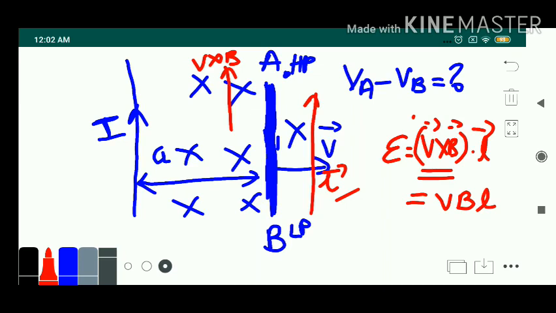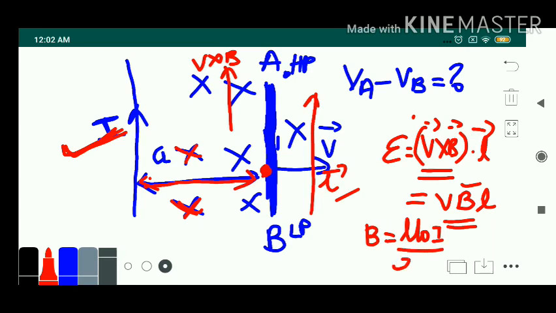Now the problem is, what is the value of B? This magnetic field is due to the presence of the current carrying wire. The magnetic field at this point, at a distance A, is our B. What is the equation for B at a distance A due to an infinite current carrying wire? It is mu 0 I by 2 pi r. Here it is A. So in place of B, I'm going to substitute this value.